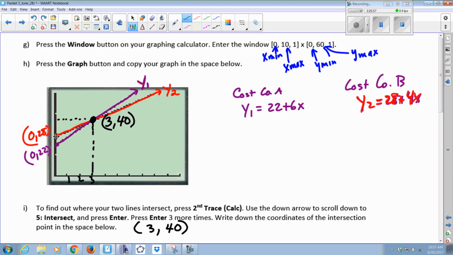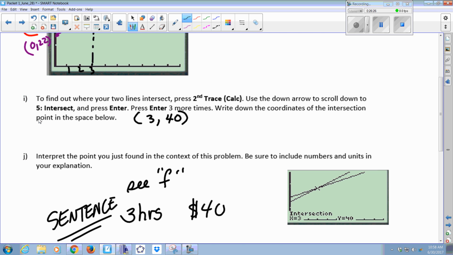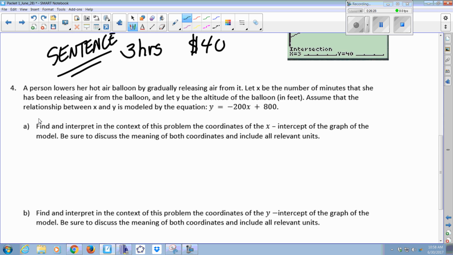Initially, company B was at a higher rate, but the rate that you're paying per hour is less than the slope of company A. So initially, we're going to pay a little bit more until after 3 hours, and then that slope of $4 an hour makes the cost forever and ever actually to be less than company A. So again, that's the way you can take a look at these different graphs.